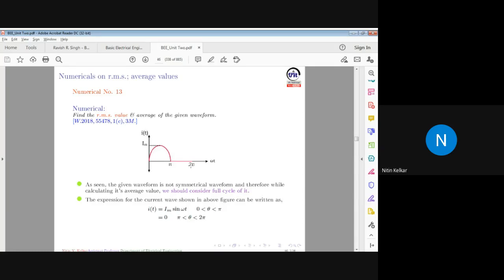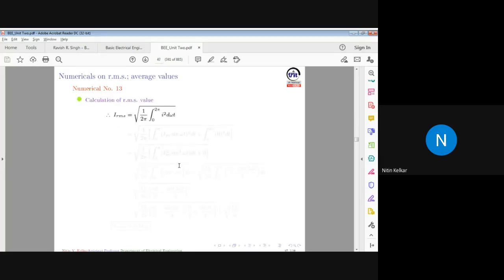So this is how we can write down the equation for the current by looking at the given waveform or given cycle. Now the time required to complete one cycle is from 0 to 2 pi, and as it is an unsymmetrical waveform, we have to consider the full cycle.